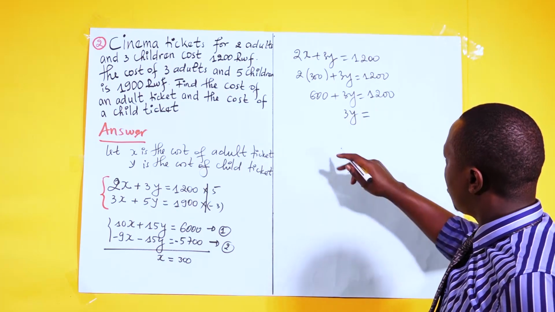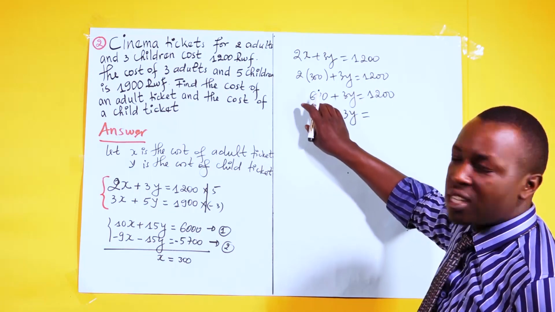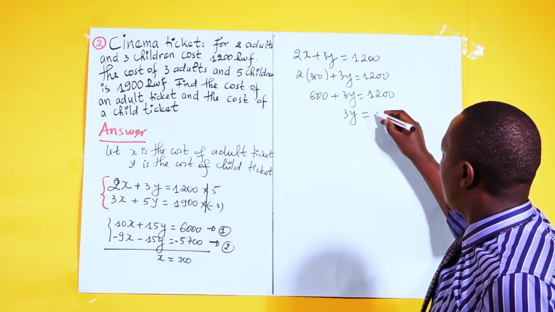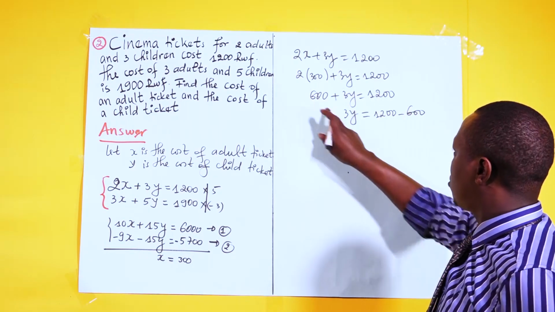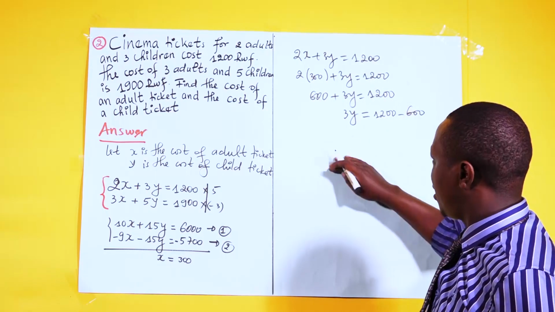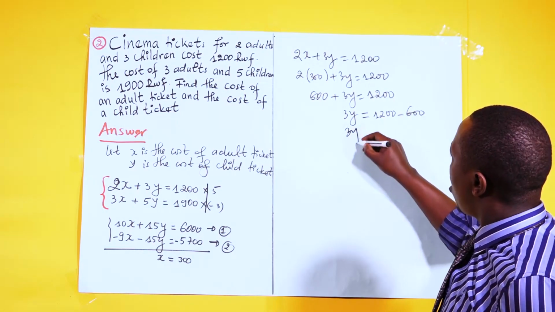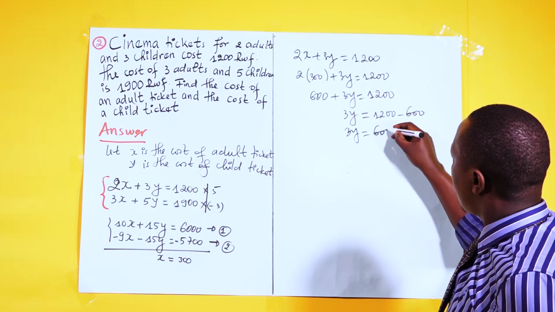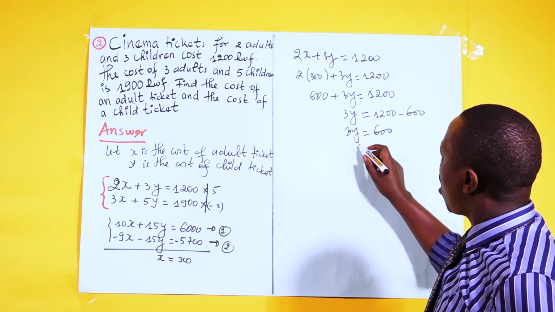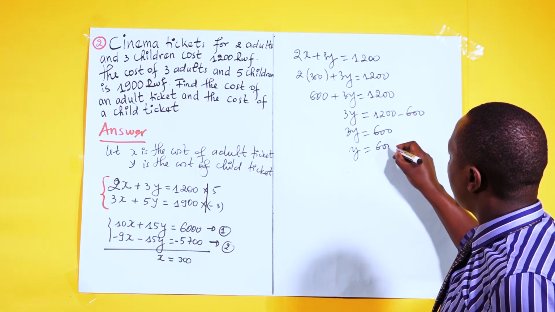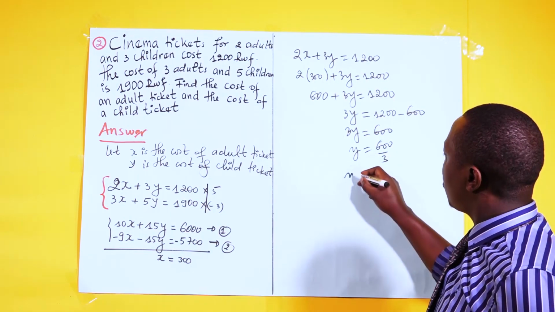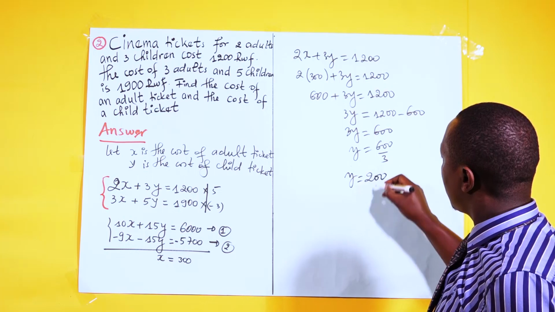How can we find 3y? We take this 600 to the right hand side. We have to subtract because it changes the sign. Then 3y equals 600. To get y, you divide by 3 on both sides. So the value of y is 200.